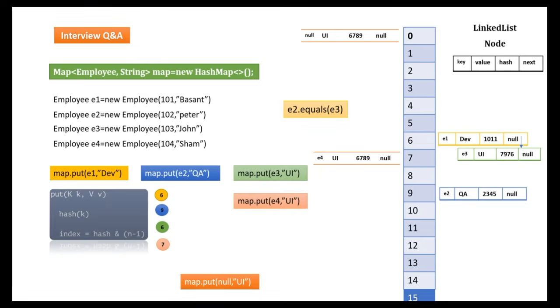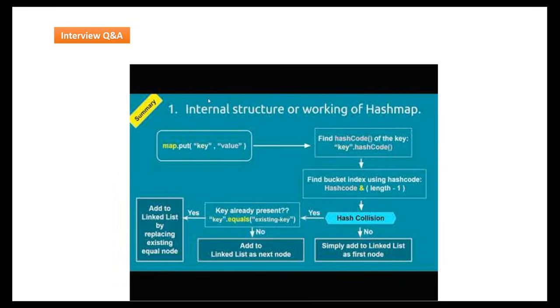Now at a high level, if you want to see the flow of this HashMap, I found this image on Google, so it's not very clear, but you can understand the flow. Initially you add a key-value to the map, then it finds the hash code of the key. Based on that hash function, it will evaluate the index and place it. If there is no hashing collision, then simply add it to the linked list as the first node.